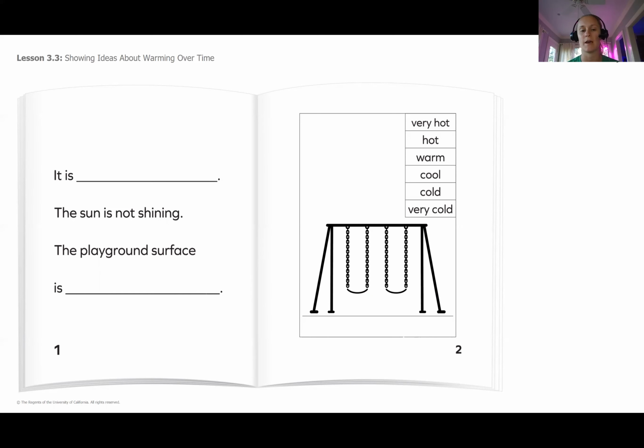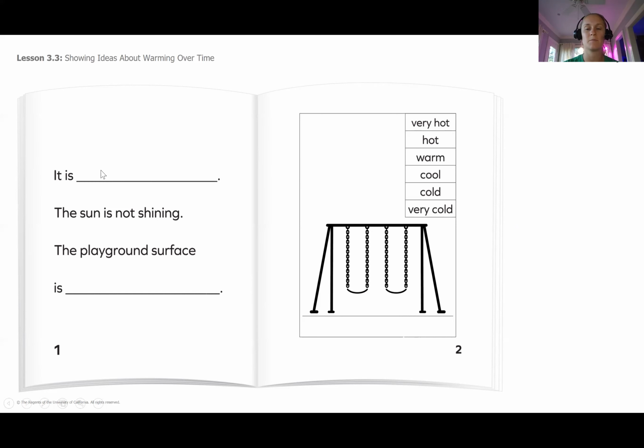Or do you think it's afternoon? You're going to write that in, whatever you think that is. The sun is not shining at this time of the day. And if the sun's not shining, do you think the playground surface is very cold, cold, cool, warm, hot, or very hot?